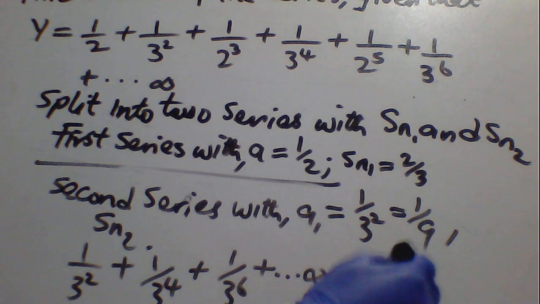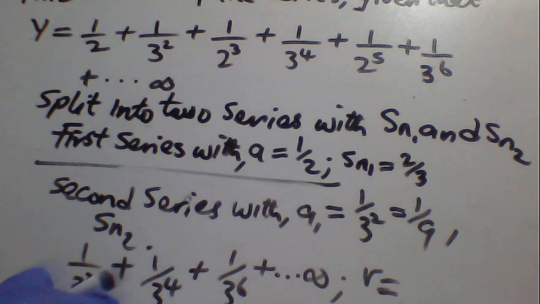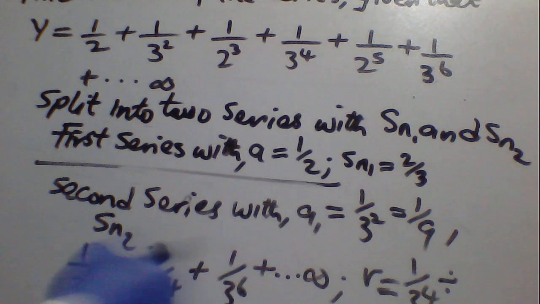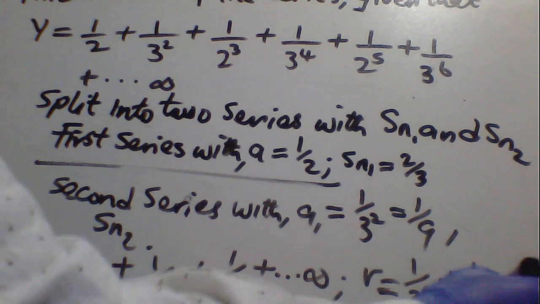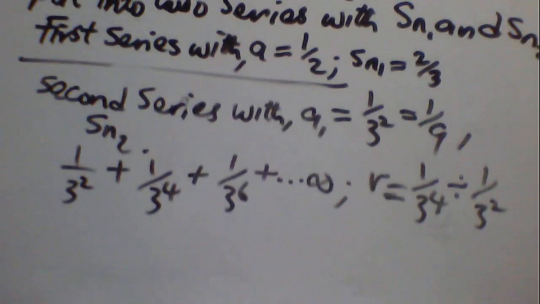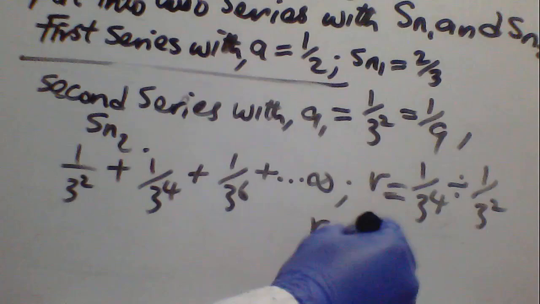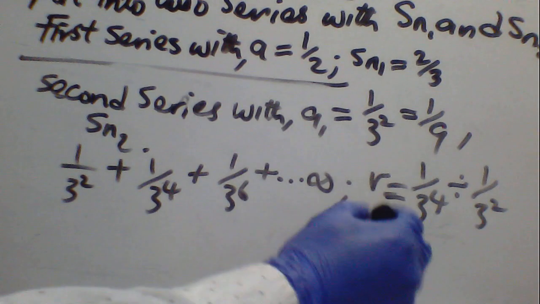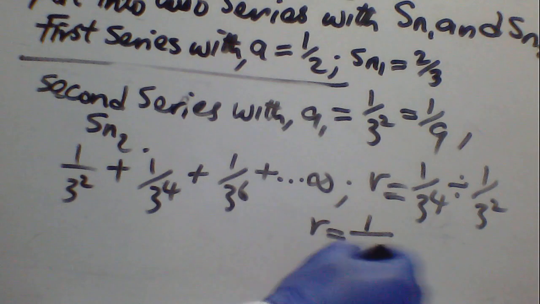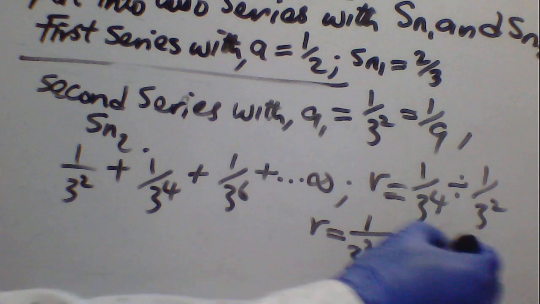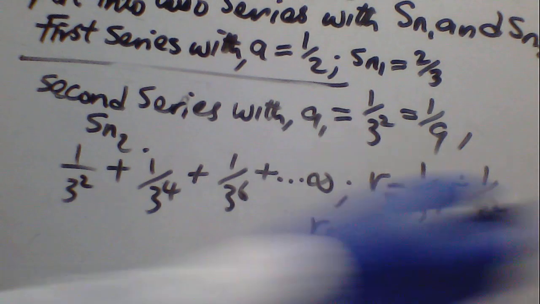So that R will be equal to 1 over 3 raised to the power 4 divided by 1 over 3 raised to the power 2. So here we can split this into 3 raised to the power 2 times the reciprocal 3 raised to the power 2.